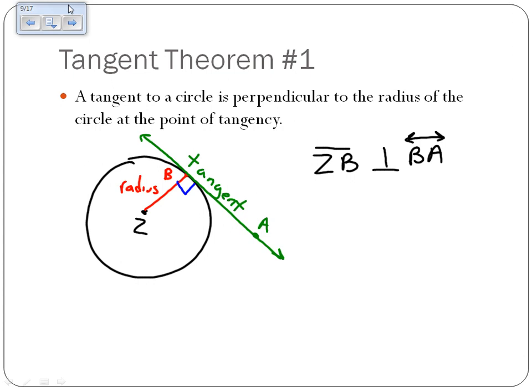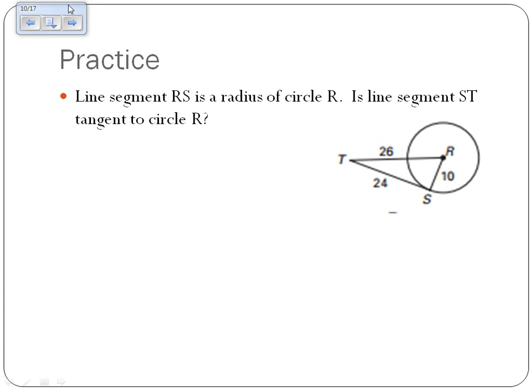Now the problems that are associated with this can be a little tricky. Line segment RS is a radius of circle R. So here's RS, the 10 is the radius. Is line segment ST tangent to circle R? Well, does it look like it?